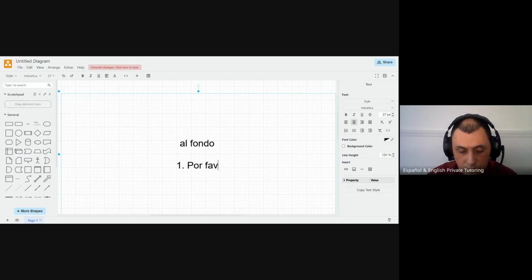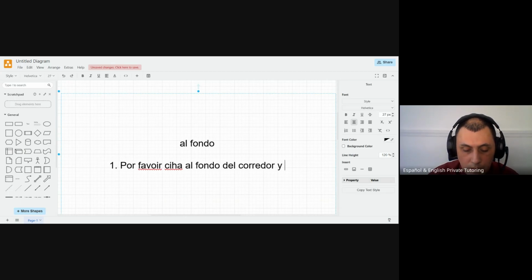Por favor, siga al fondo del corredor y haga una derecha.